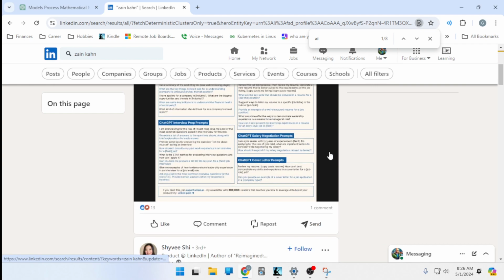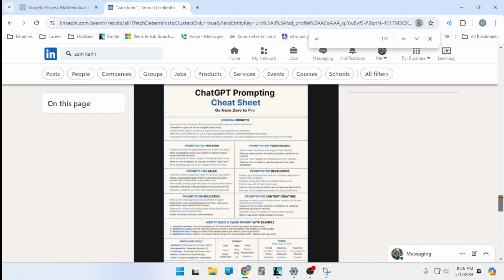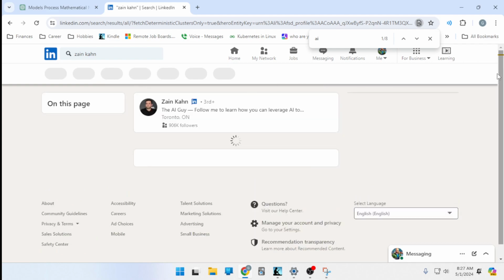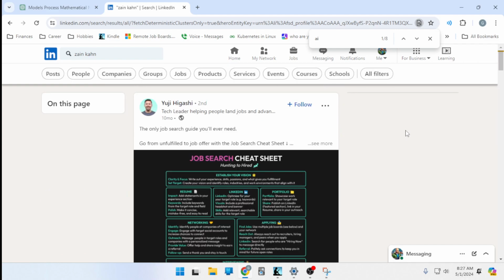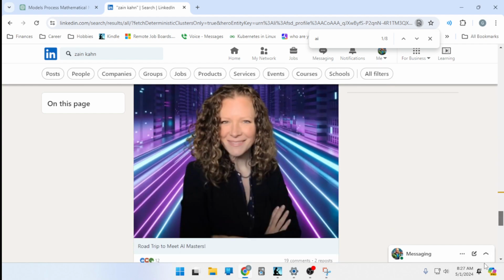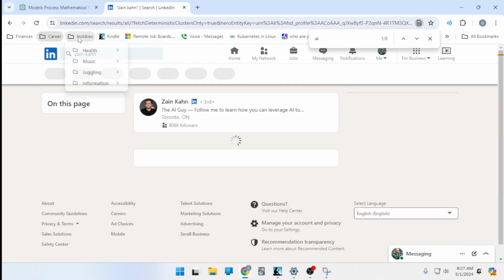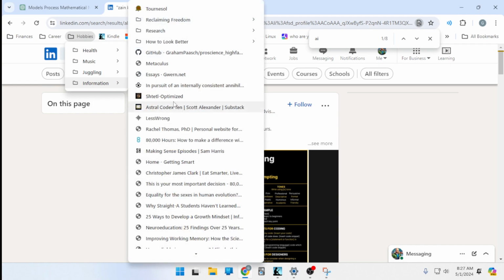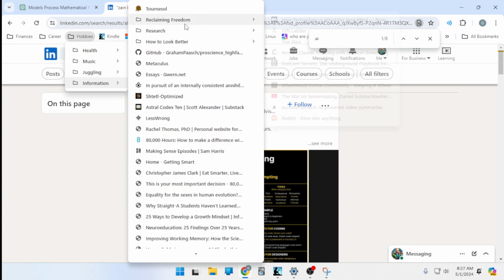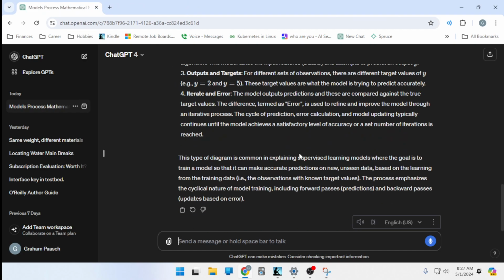He has these cheat sheets that are pretty good. It's like "act as a blank, something blank." So he has it for specific things. There was a really good one. I wish I had bookmarked it. Maybe I did under hobbies information. I should have bookmarked it under here. Anyways, I guess I'm satisfied.